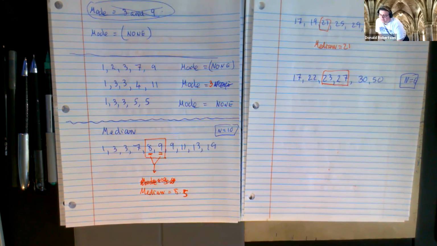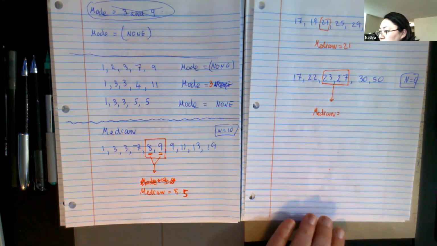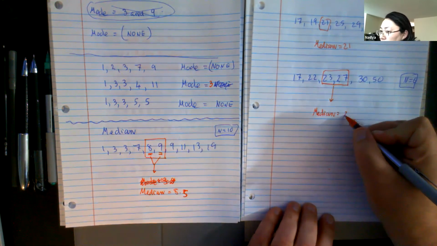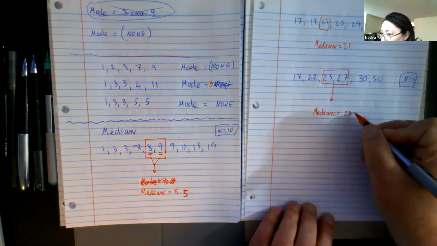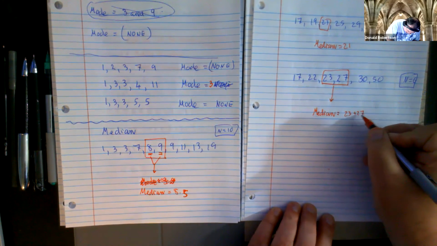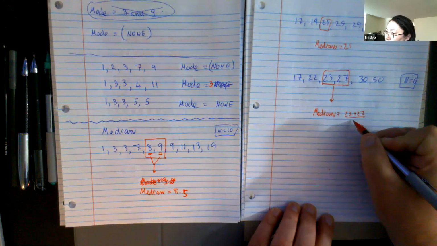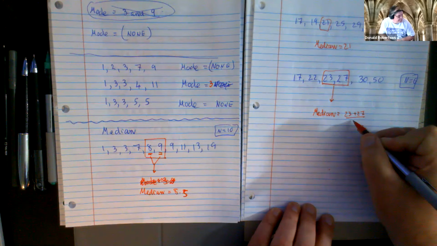So how do we find the middle number? 27 minus 23 is 4, 25. Is it right? Almost, you subtracted, but you should have added. It'd be 25. Would you agree 25 is between these two? It's in the middle. Yeah, I just subtracted it. Okay. Adding is what you should have done.